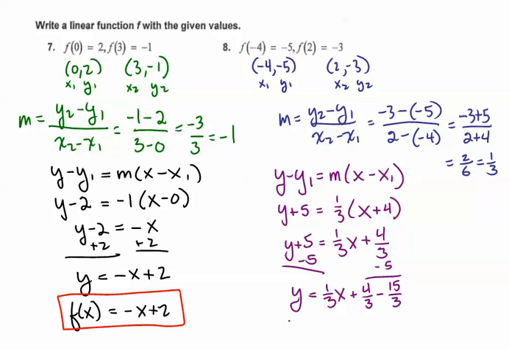So I'll just quickly write this in function notation: 1/3 x minus 11 over 3. And that is going to do it for the next two problems. And we're going to stop this video at this point. We're going to have a second video on page 3 of the review packet.